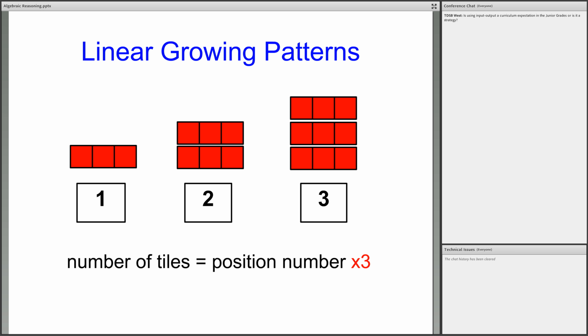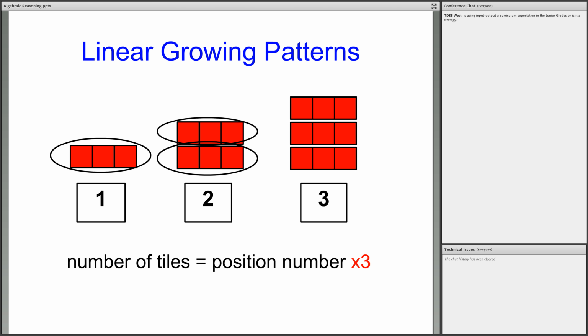So unitizing is the ability to think of one unit simultaneously as one unit, and in this case, 3 tiles. So it's understanding one unit is one unit, but also it's the number of elements that make up the unit. And so in this example, we have at position 1 unit of 3 tiles.